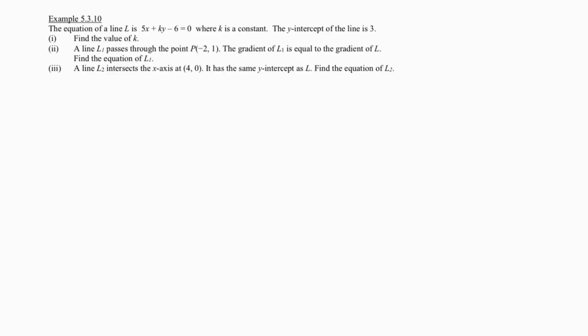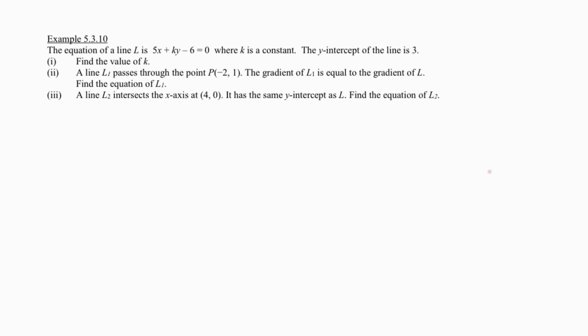Hello everyone, welcome to this math problem where we are given an equation, but the equation has an unknown k, and we have a y-intercept of the line that is given to us. This is key information, so I'll bear that in mind.